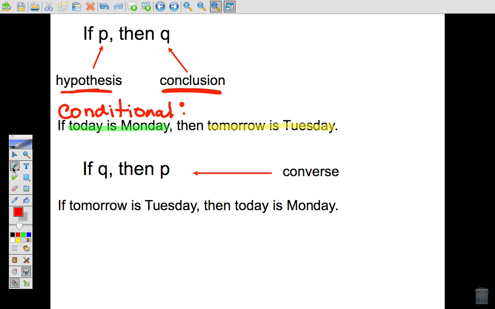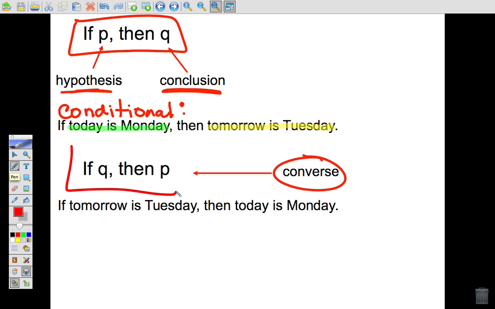Now, we've got this term called a converse. A converse is pretty easy to follow. If you look at a typical conditional, but then look at this, the part that I just put a rectangle around is called a converse. What's the difference between these two? Looks like we've got the words if and then, but what's the only difference?